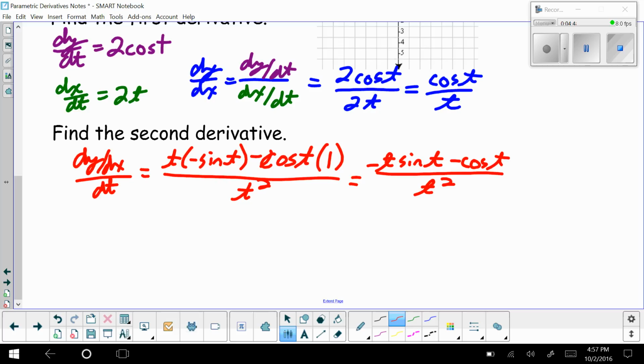And notice I am using Leibniz notation here to make it a little clearer that if I just take the derivative of dy/dx, because it's in terms of t, the derivative is with respect to t. So I don't want this with respect to t.